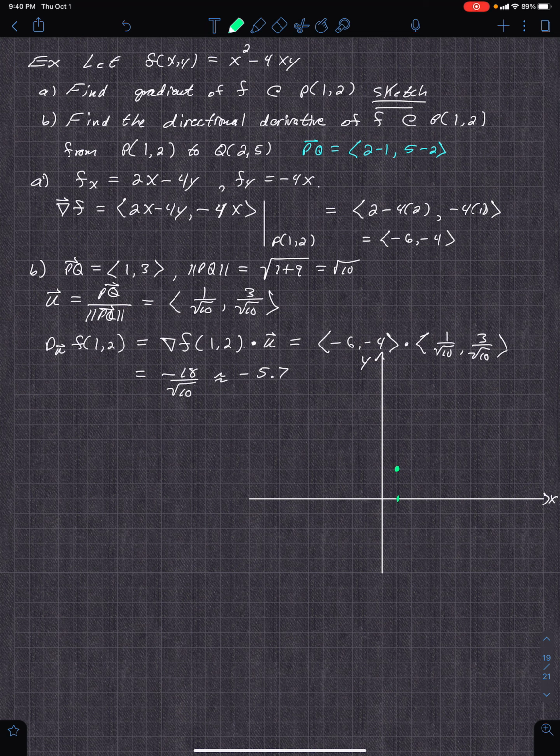Okay, we wanted to do the directional derivative first. Where was I at? Well, I know the gradient. Where's the other one? It's (1, 3). Here it is. Okay. So PQ is that direction, (1, 3).